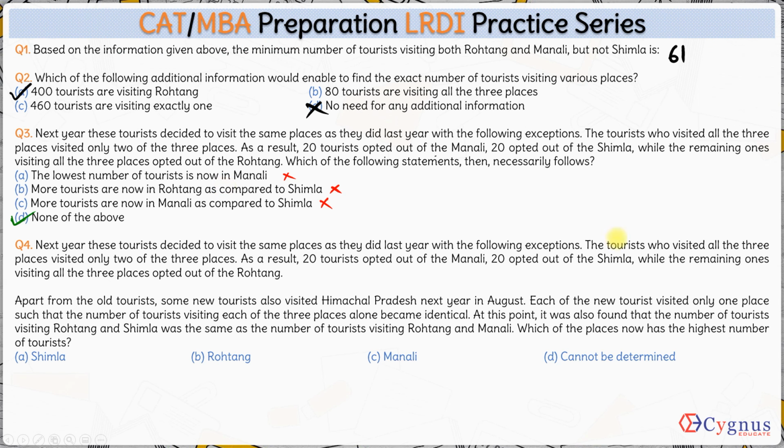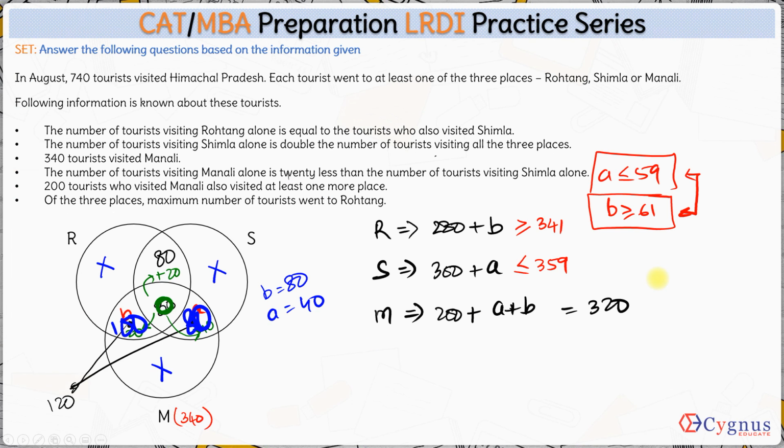Now the question is, which of the places now has the highest number of tourists? Now the number of people who have visited Rohtang is X plus 100 plus 100, so X plus 200. Similarly for Shimla it is X plus 100 plus 80, so X plus 180, and for Manali it will become X plus 80 plus 100, again X plus 180.